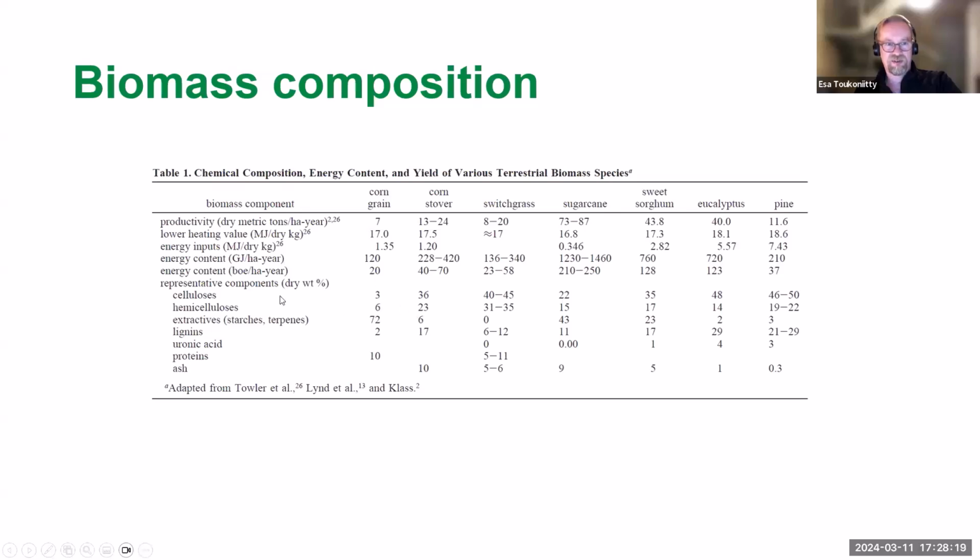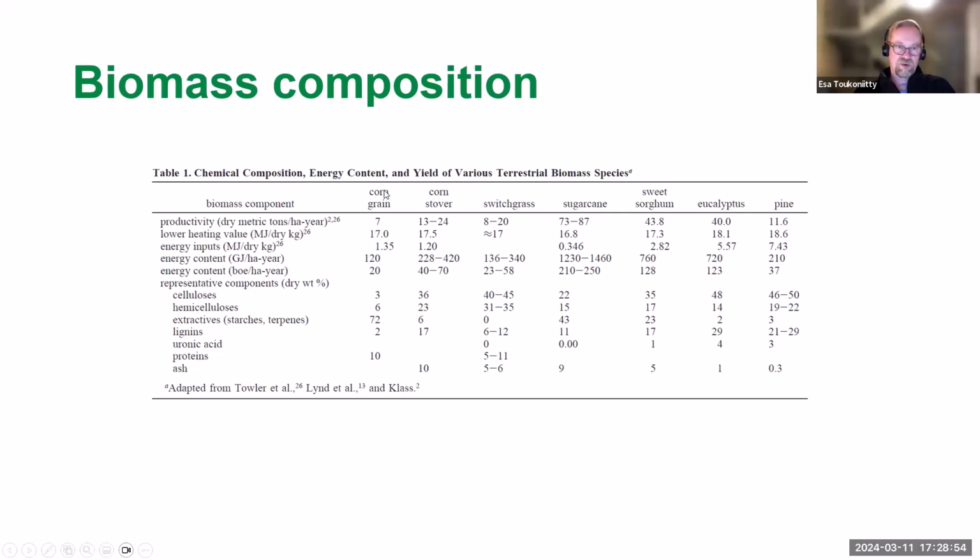Certain ones are not very rich in cellulose like corn grain, but if you take pine tree, nearly 50% of it is cellulose. So although you can find all these components, in certain species or plants there is a lot of it, and in some plants there can be very, very little of these different components.